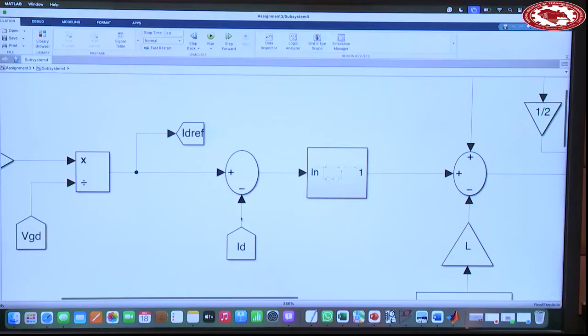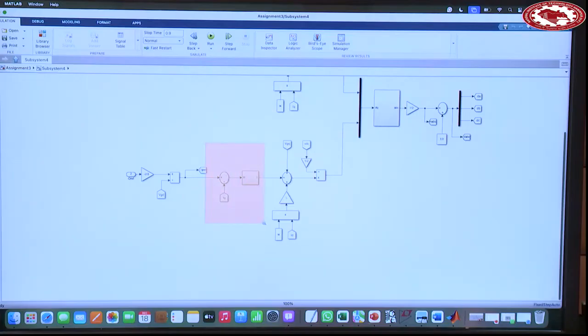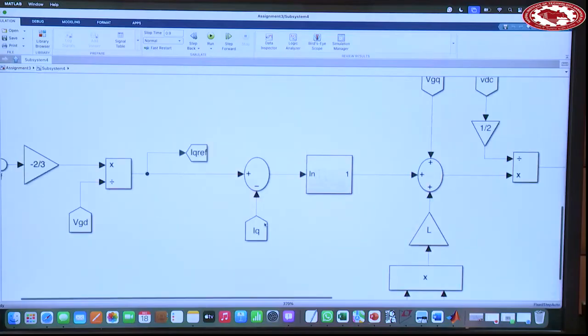ID ref and ID are passed through the compensator, you will get this point UD. Similarly here, UQ: IQ ref and IQ pass through the compensator.